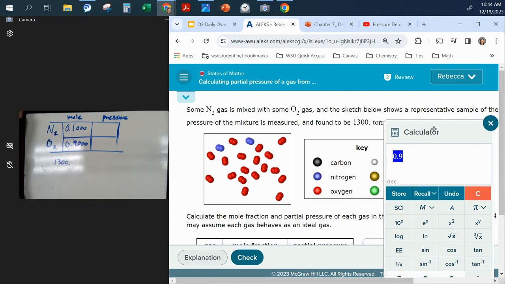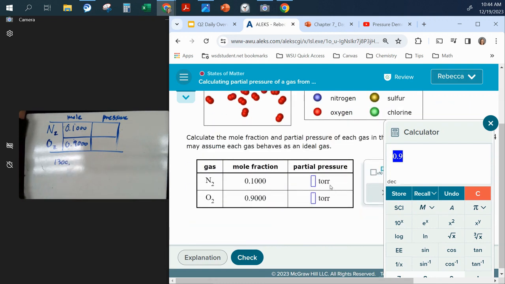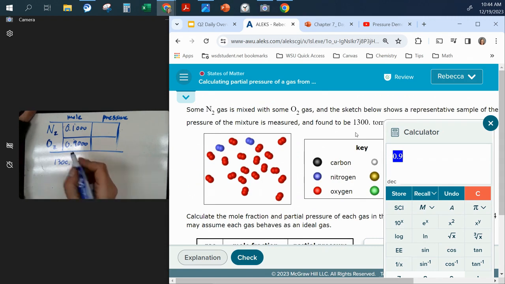Then your answer will be in that unit. See how the box tells me mine's torr? It matches. It should just match. So my fraction multiplied by the pressure will give me, it's saying this fraction of the pressure is coming from the nitrogen. This fraction of the pressure is coming from the oxygen in this tank.